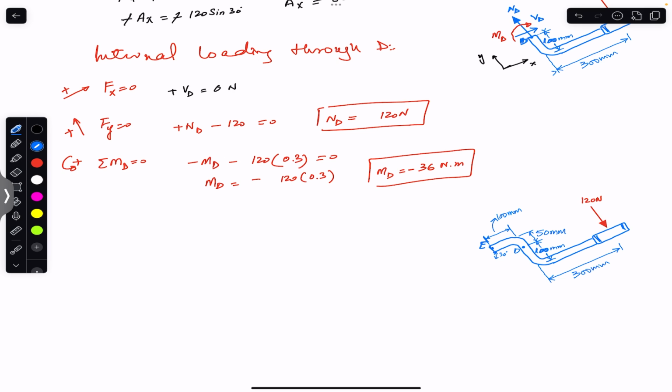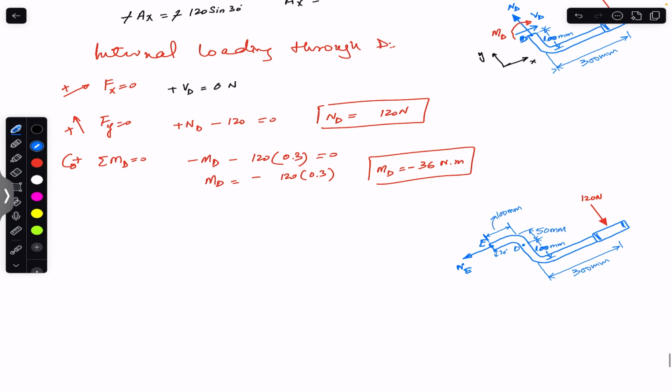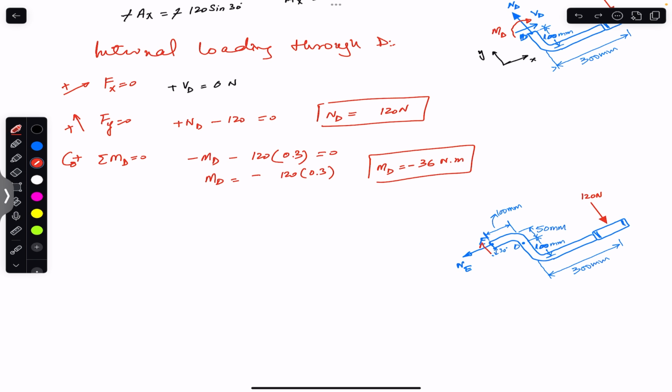And now at E we will have, let's say, this is NE. We will have, let's say, the shear force in this direction. This will be our shear force VE. And let's say this is our bending moment in the clockwise direction.